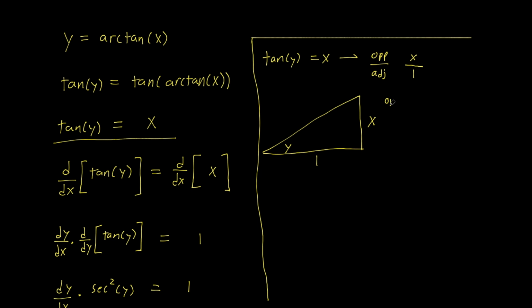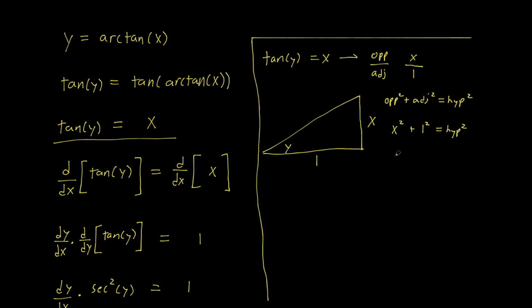So we have opposite squared plus adjacent squared equals hypotenuse squared. We have opposite, which is x, so we have x squared, plus we have adjacent, which is 1, so we have 1 squared, equals hypotenuse squared. Now, 1 squared is obviously just going to be equal to 1.